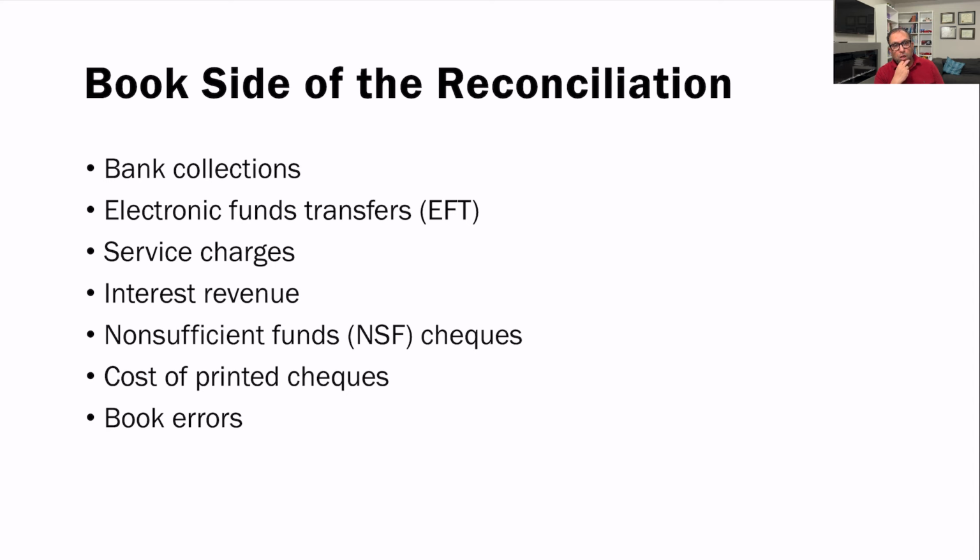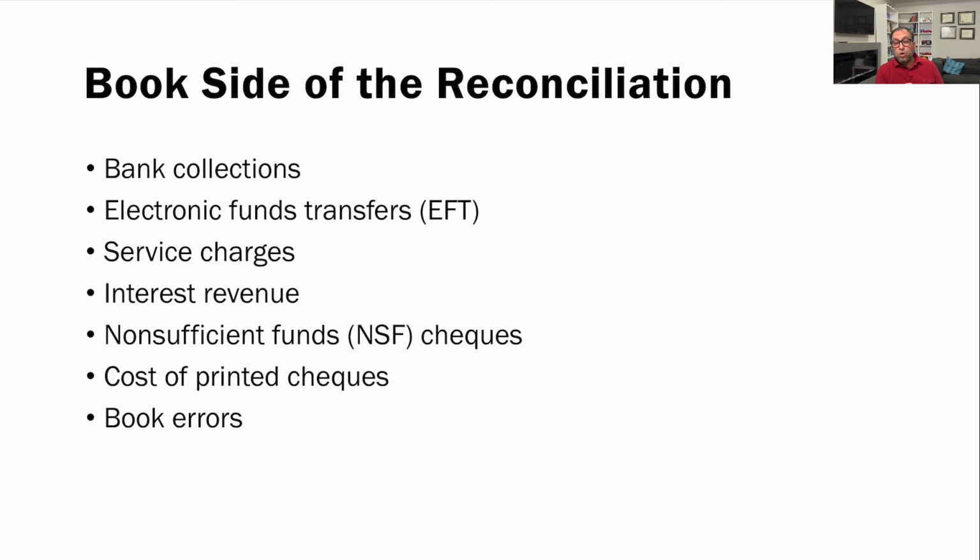Interest revenue: if you have a savings account, after every month the bank is going to pay you something as interest on the balance you keep in your savings account. Non-sufficient funds checks: these are checks you deposited in your account, but because the one who issued the check did not have enough funds to pay, the checks were returned.